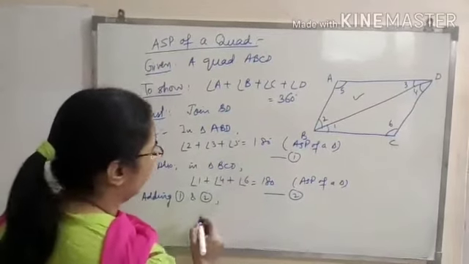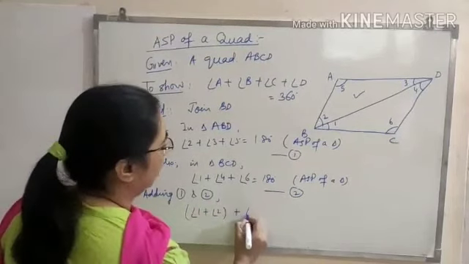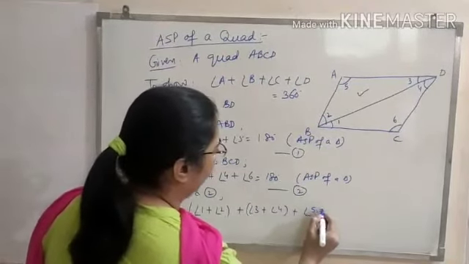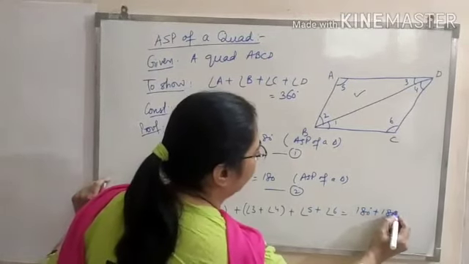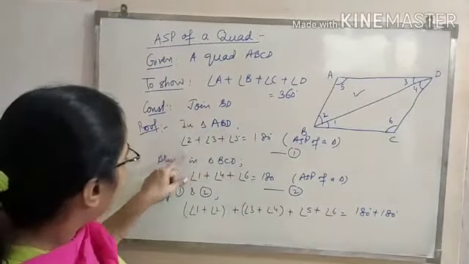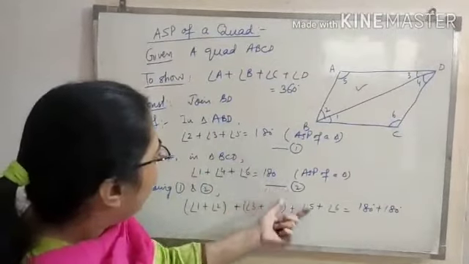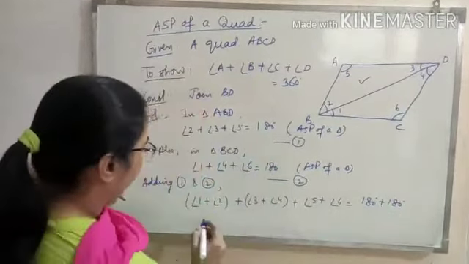Adding these two equations, 1 plus 2 I can combine, 3 plus 4 I can combine, and we are left with 5 plus 6 equal to 180 plus 180. 1 plus 2 I have taken in one bracket, 3 plus 4 in another bracket, and 5 and 6 are left as they are, and the right hand side is 180 plus 180.